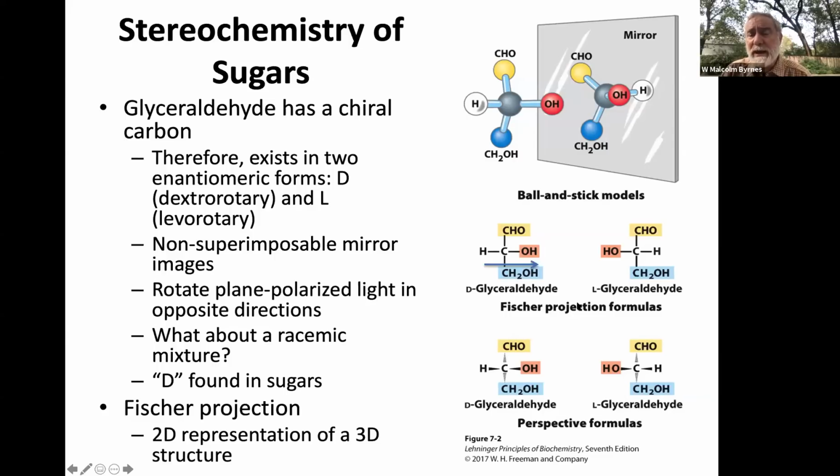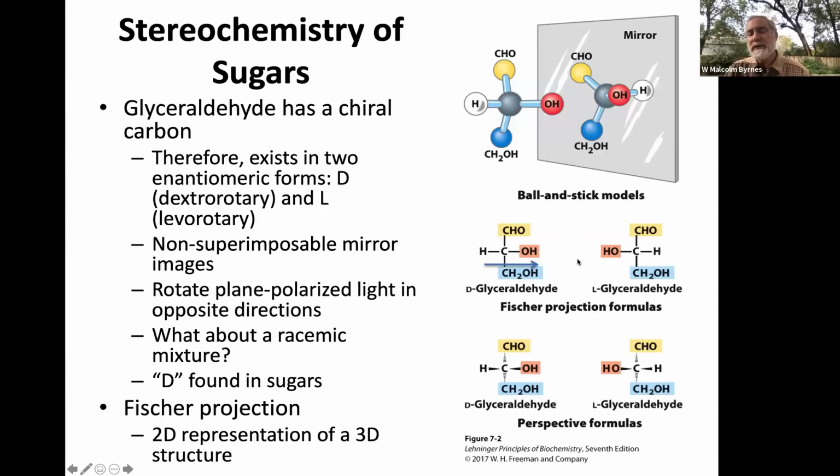Now, Fischer projections, again, are two-dimensional representations of something in three dimensions. And so the horizontal bonds are projecting in front of the page, and the vertical ones are projecting behind. So anytime you see something on the horizontal, that means it's projecting in front, and the vertical are projecting behind. So that's encoded in the two-dimensional representation.